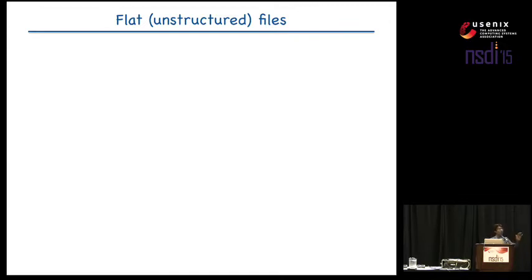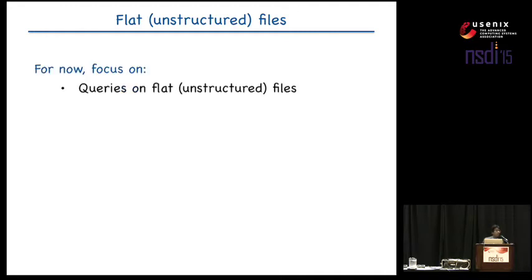There are no columns, no records, nothing, just a flat file. I'm going to talk about queries on flat files for now. It turns out that these queries on flat files are actually very powerful. They already allow queries on semi-structured data, and I'm going to discuss that later on.